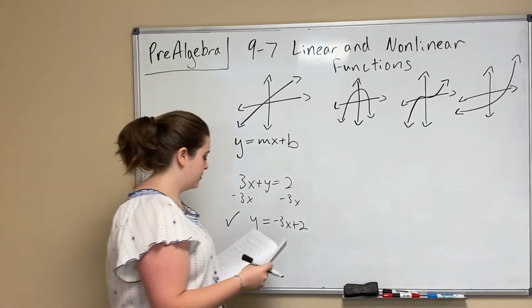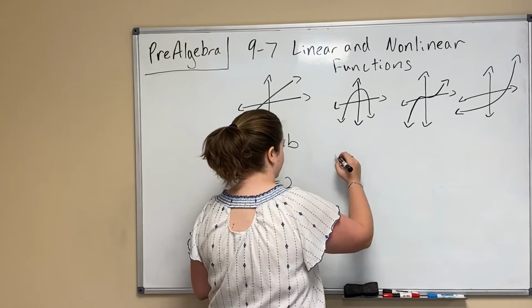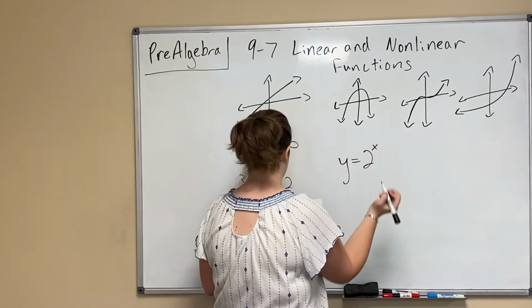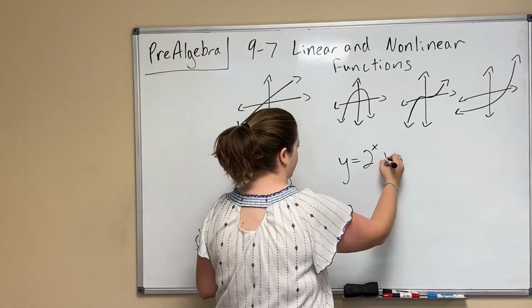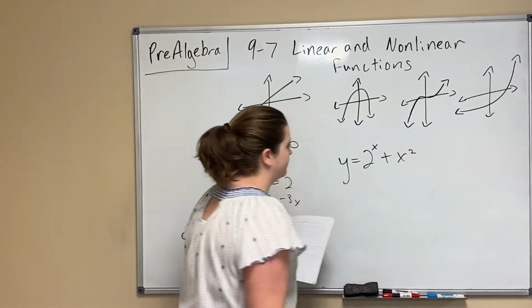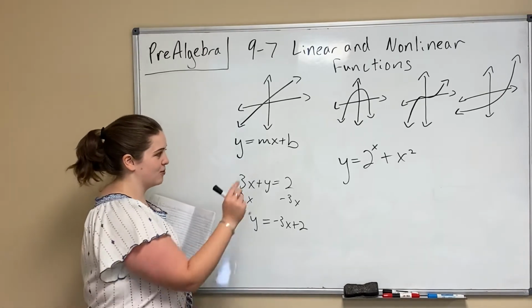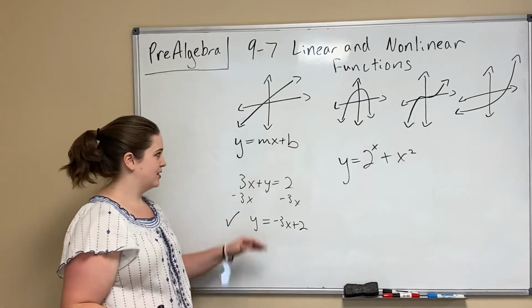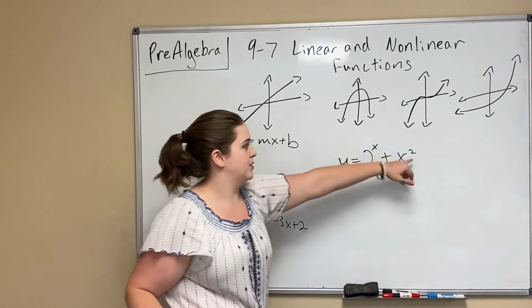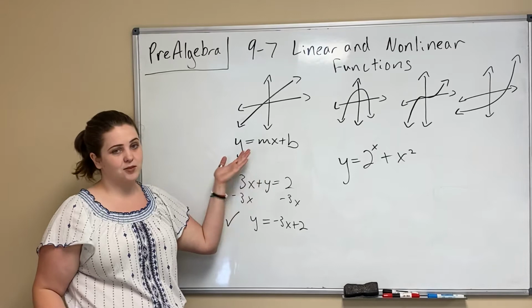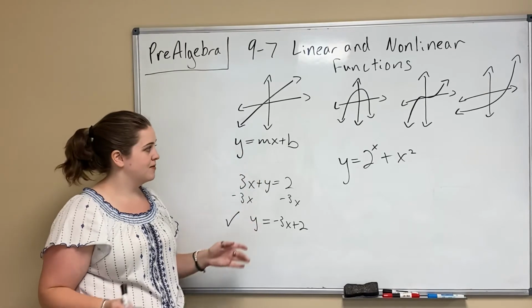But what if instead I had y equals 2 raised to the x power plus x squared? I know, that looks crazy, but I can't rewrite that one to fit this form because I have exponents in there, and a linear equation can't have any exponents in there and still make a line.